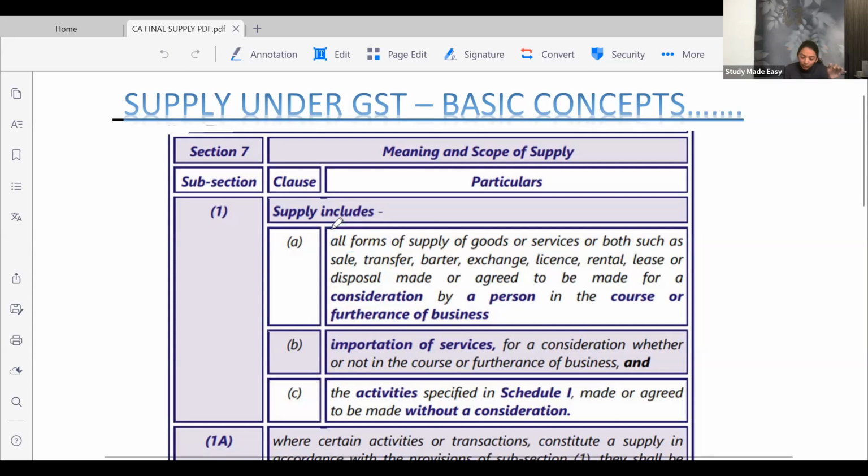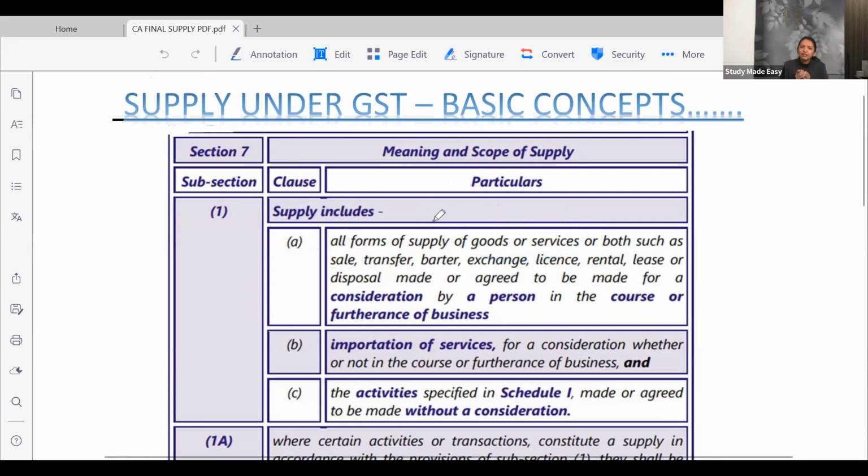It is saying whatever supply you do, all kinds of supply of goods and all kinds of supply of service are included. That means for the purpose of GST, it has to be goods, and for the purpose of GST, it has to be service. Then only you will say that all forms of goods and services supply have happened.